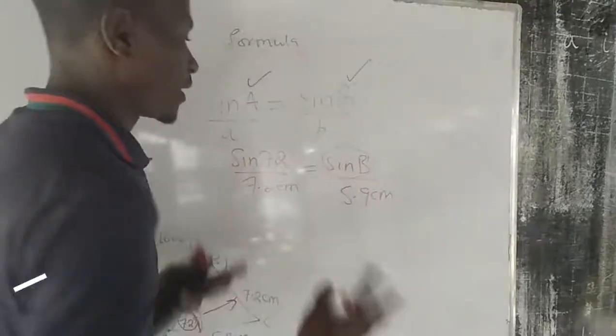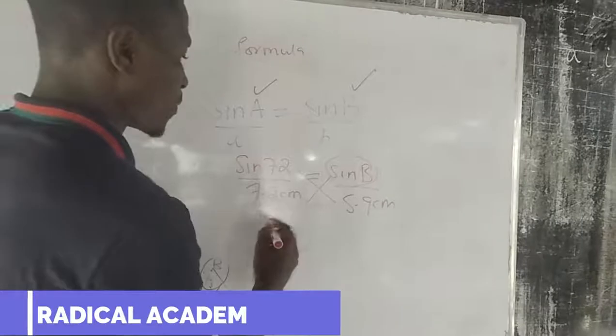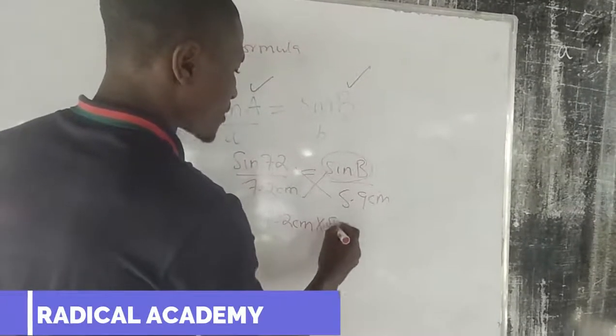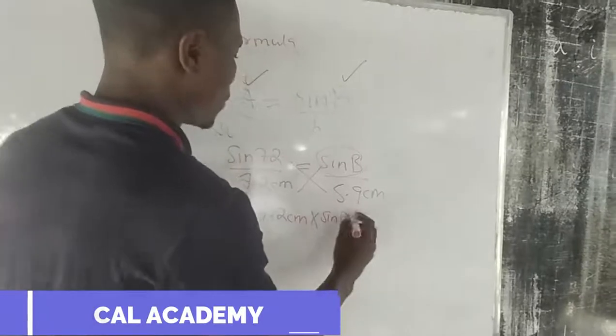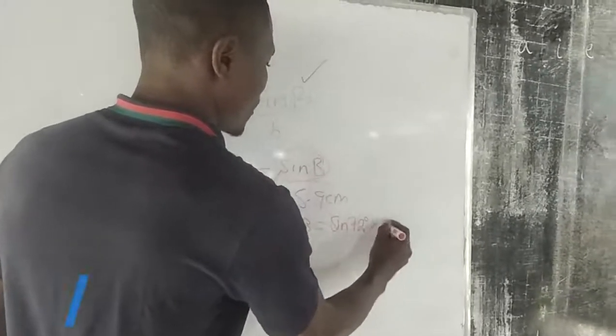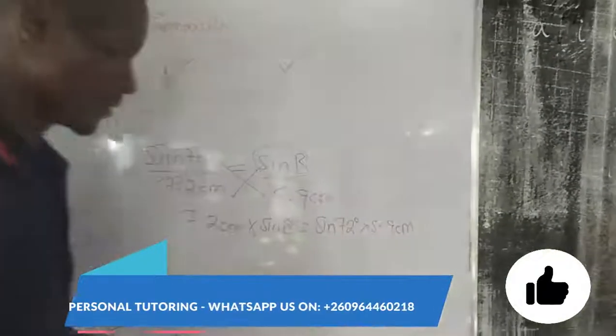Gentlemen, so what you need to do is you cross multiply. Once you cross multiply, you get 7.2 centimeter multiplied by sine b, which will give you sine 72 degrees times 5.9 centimeter.